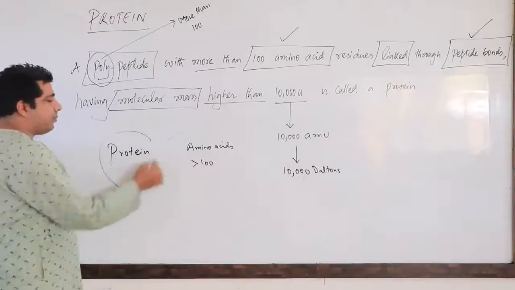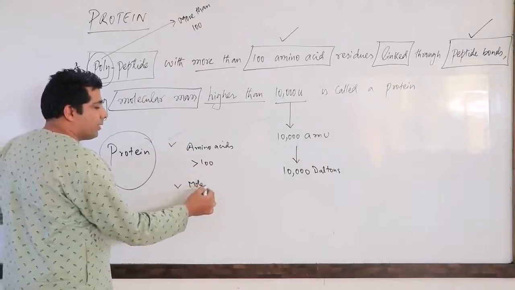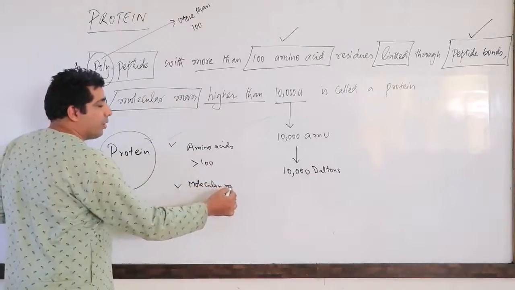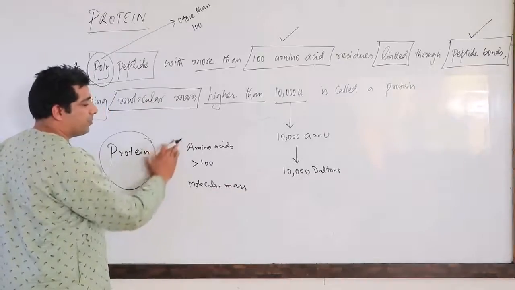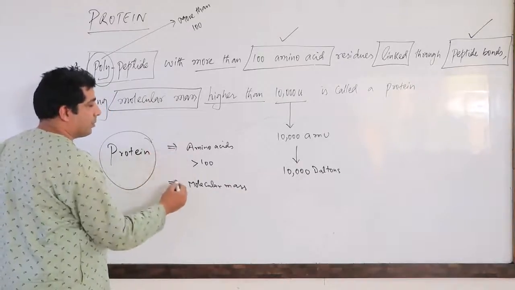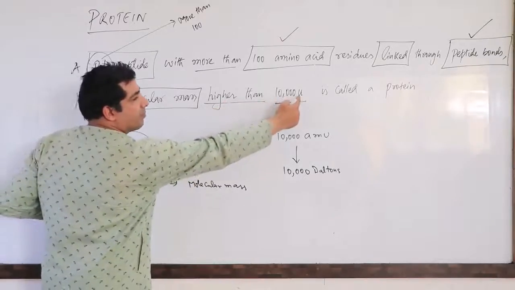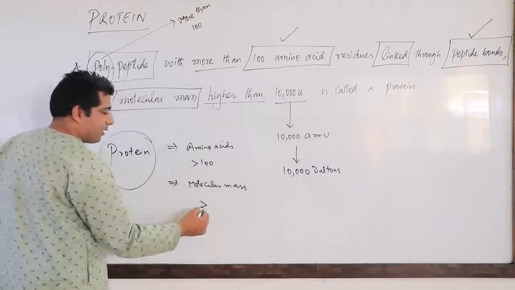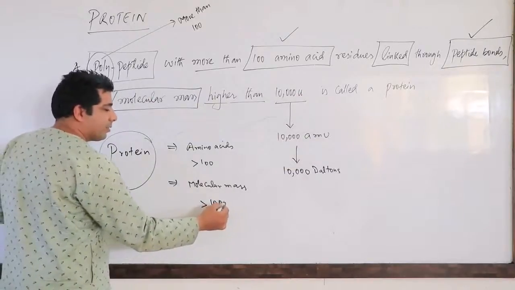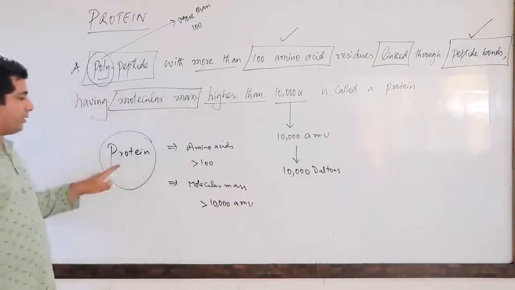Second factor is the molecular mass of protein, which should be higher than 10,000 unified mass or 10,000 atomic mass units, so greater than 10,000 AMU. So these are the two factors.